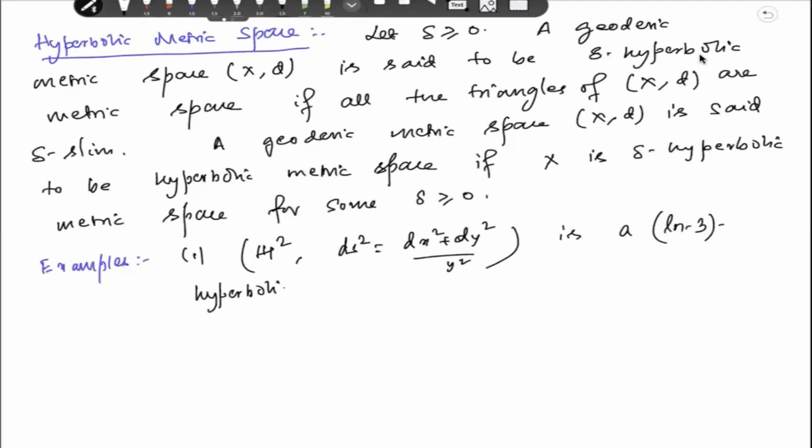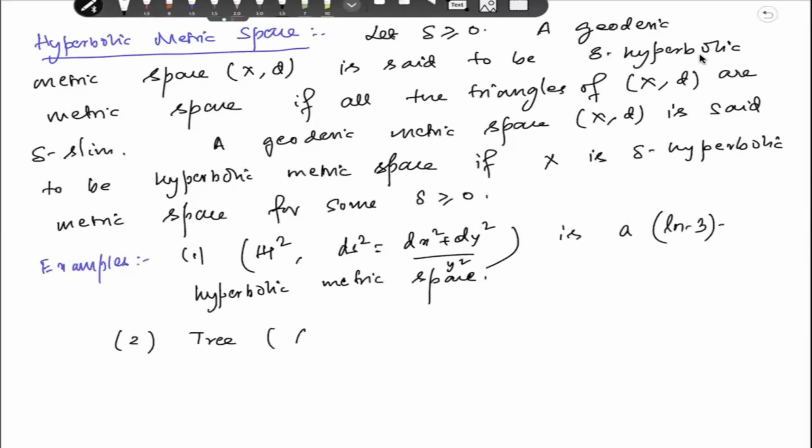All the triangles are log 3 slim. The next example is if you take any tree. What do you mean by tree?